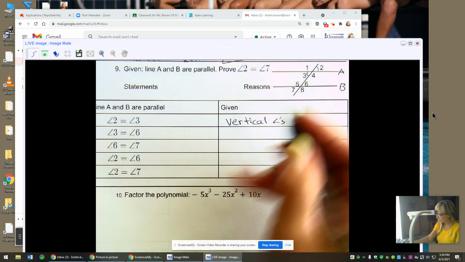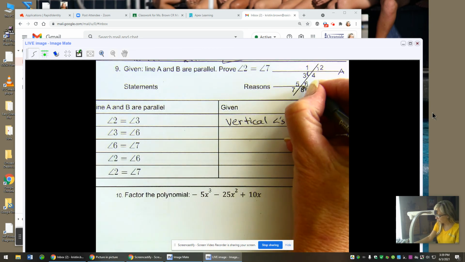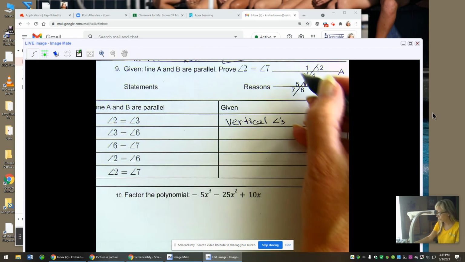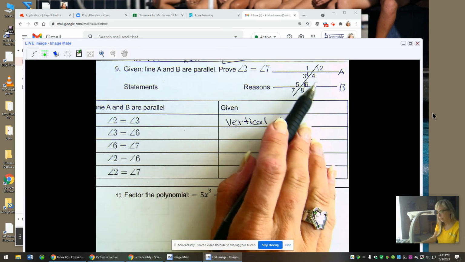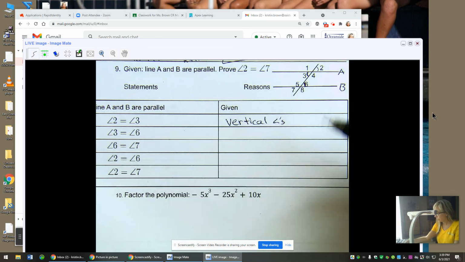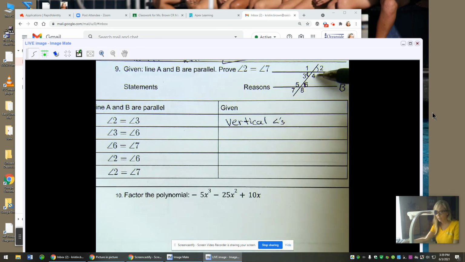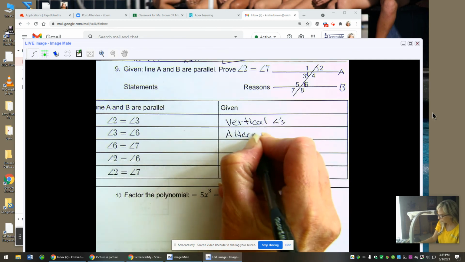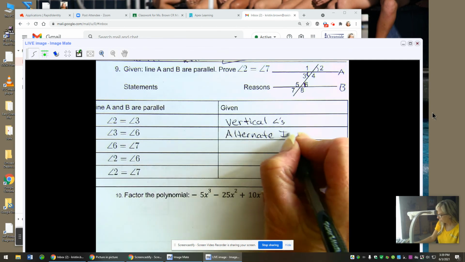And then 3 and 6 are also equal. This one's equal to that one. How do I know that's true? What mathematical proof do I have that those are true? You might remember 3 is on the left, 6 is on the right of the transversal. They're on opposite sides of the transversal. They're also both inside the parallel lines, so we call that alternate interior angles.